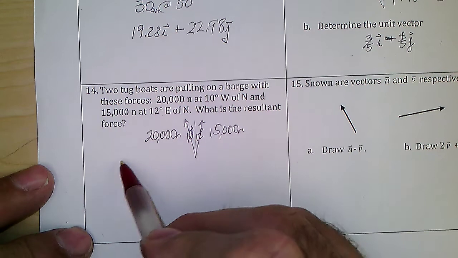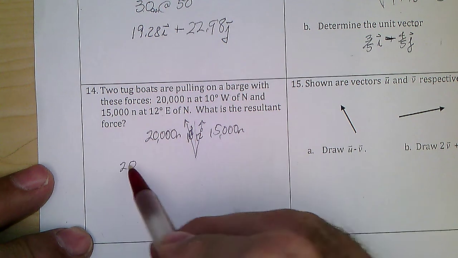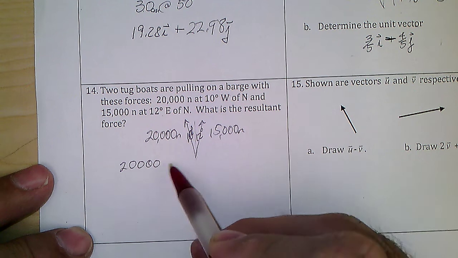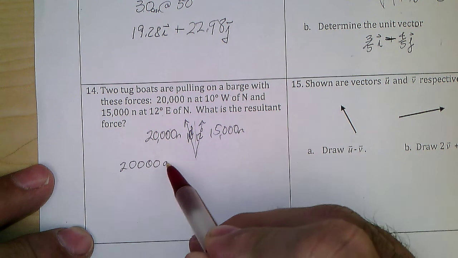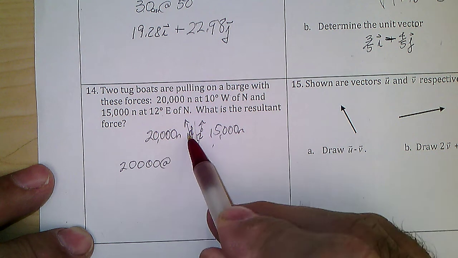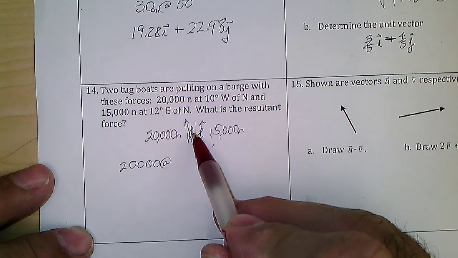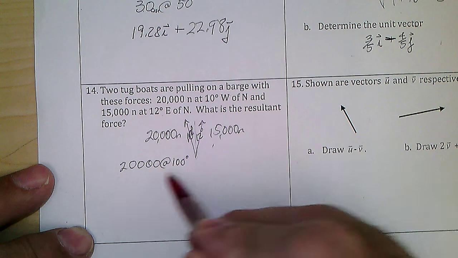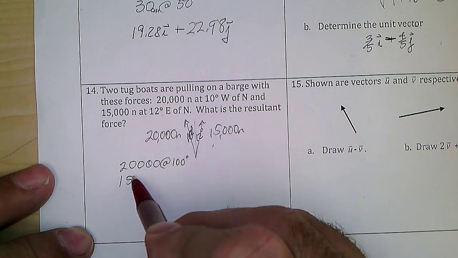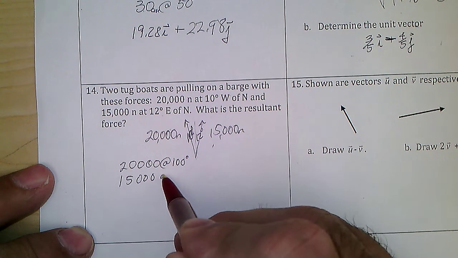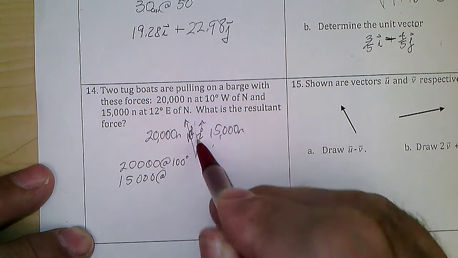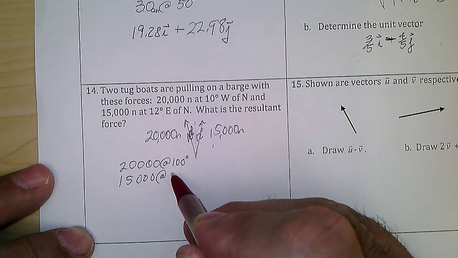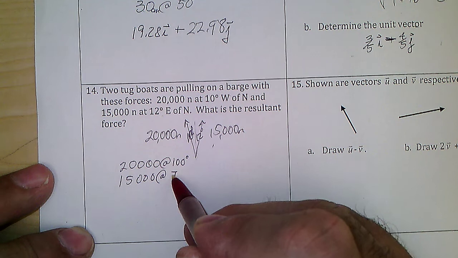So I would do 20,000 at, let's see, that would be 100 degrees, and 15,000 at 90, 80, 78 degrees.